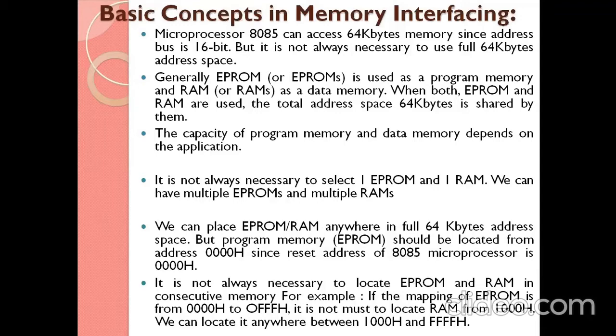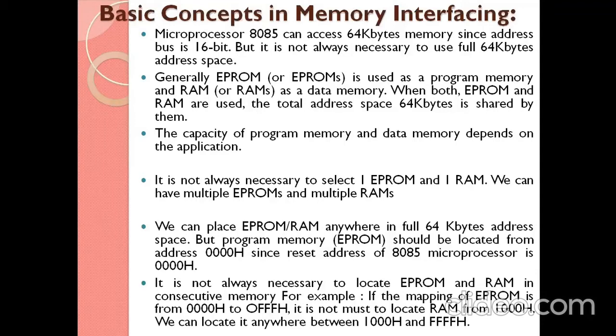Always the starting address should be used for the permanent memory, because 0000 is the starting address and the ending address is FFFF. So when you press the reset button, immediately it will go to the starting address 0000. In that location only the permanent program memory is available. It will reset the microprocessor.